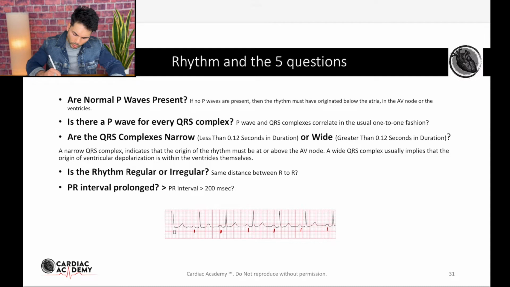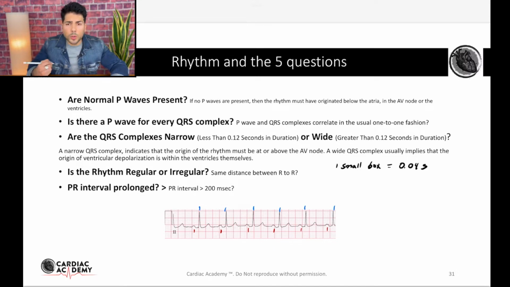After that, we look to see whether the QRS is narrow or wide. And earlier, we said that each small box represents 0.04 seconds. So let's write that. So one small box equals 0.04 seconds. And we also said that a normal QRS shouldn't measure more than 0.12 seconds.